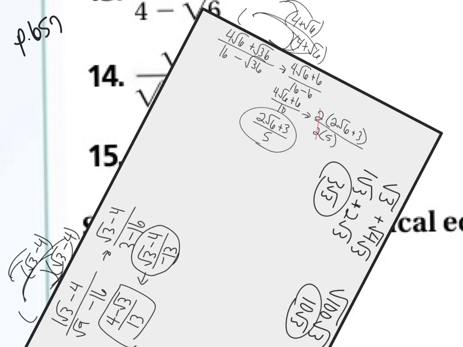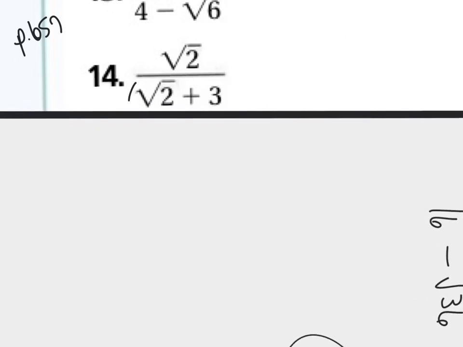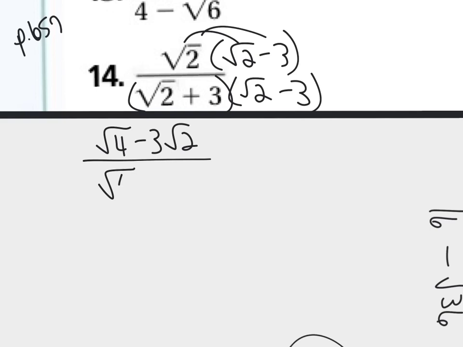Number 14, same idea again. Multiply by the conjugate. They're giving us plenty of practice on these here. Middle terms cancel.